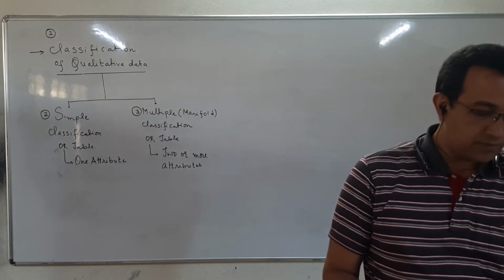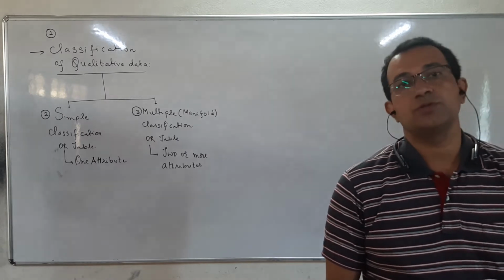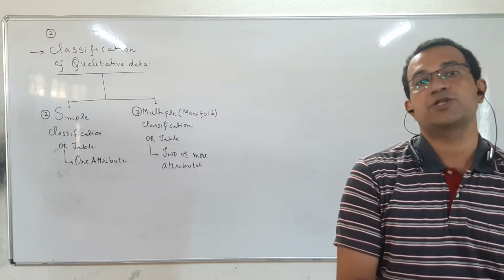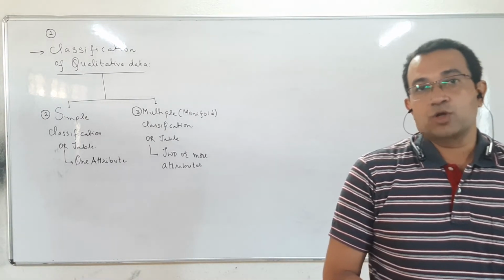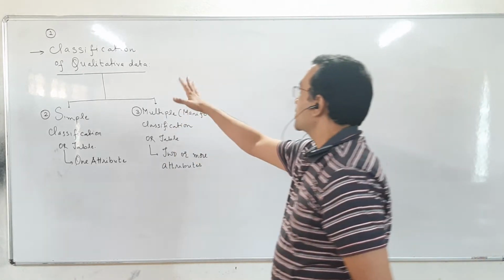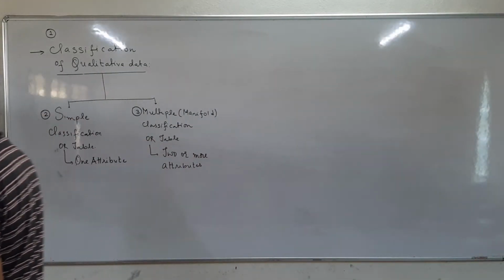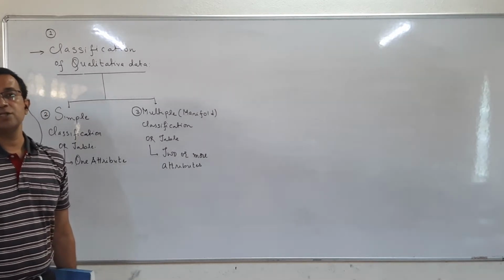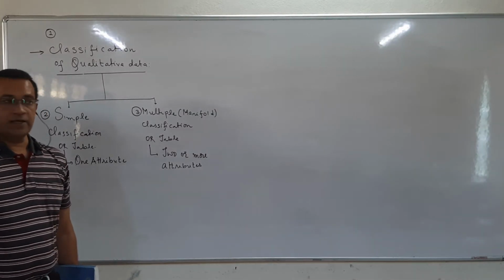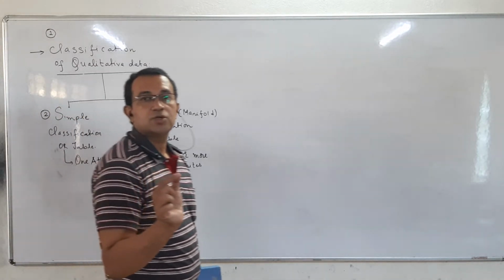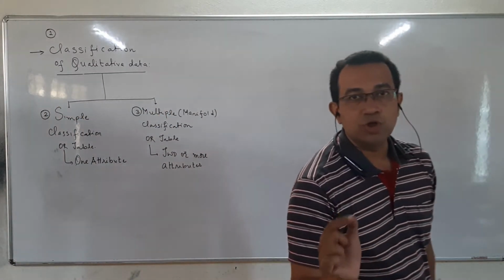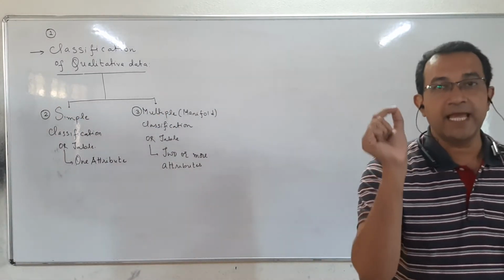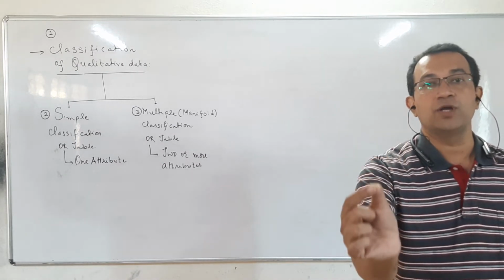Now, students, we are going to do the sums of tabulation. We are going to do the sums of classification of qualitative data. Qualitative data is usually arranged in terms of a table. And for this topic, we do not have any formula.